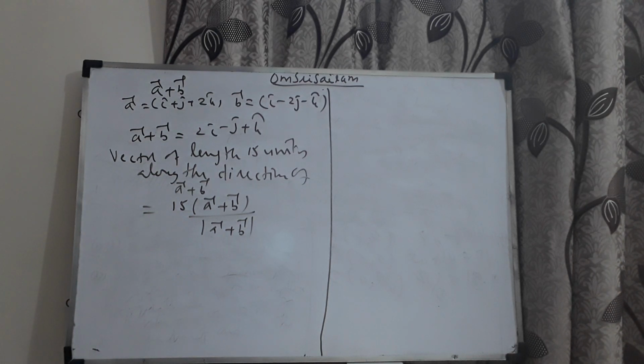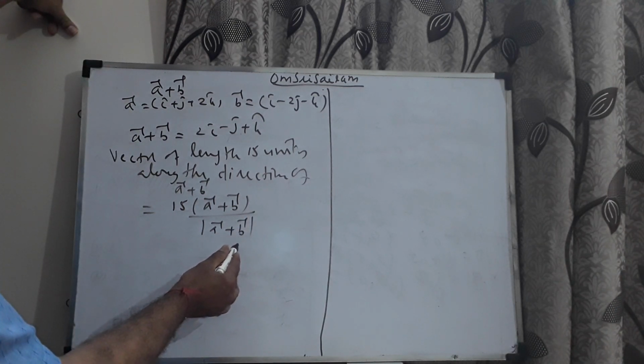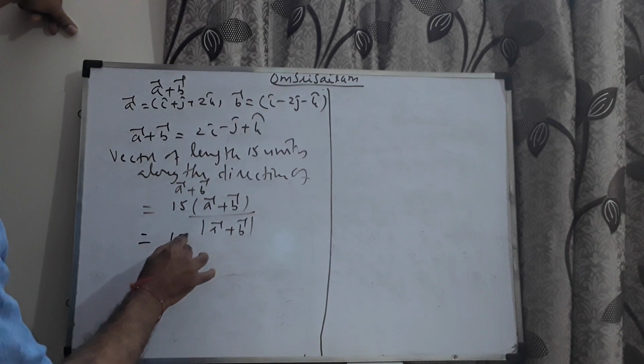Cost of 10 apples is 1000 rupees. What is the cost of 15 apples? You will divide by 10 and you will multiply by 15. Similarly, division by modulus will give you the unit vector along the same direction, and into 15 will give you the vector of length 15 units in the same direction.